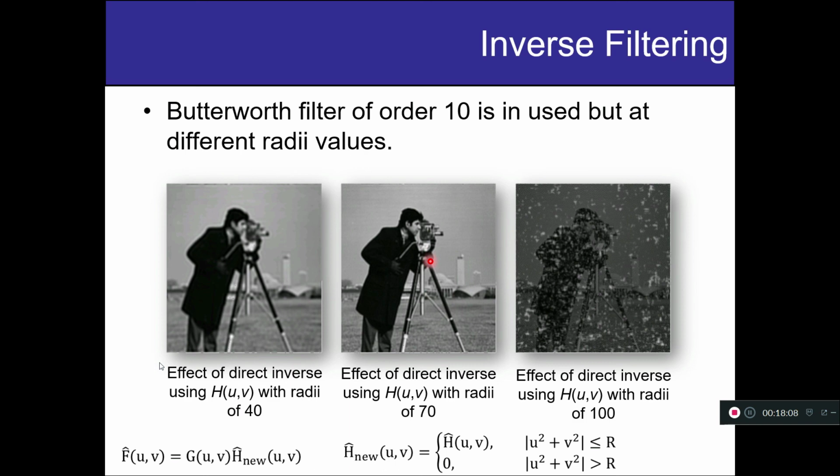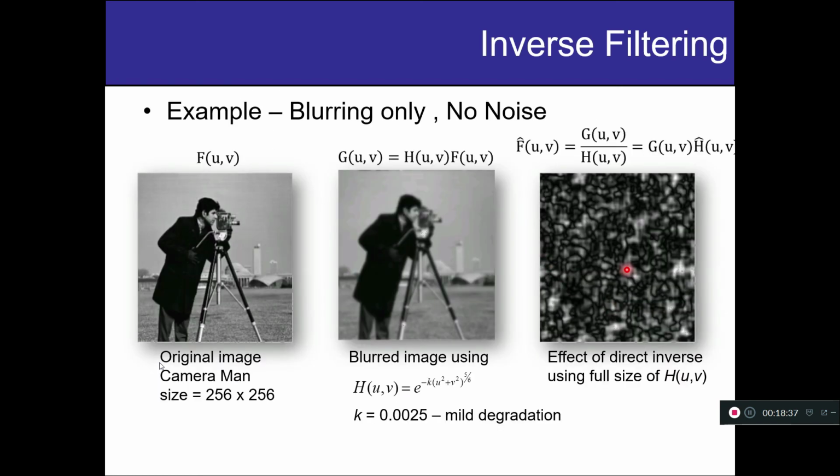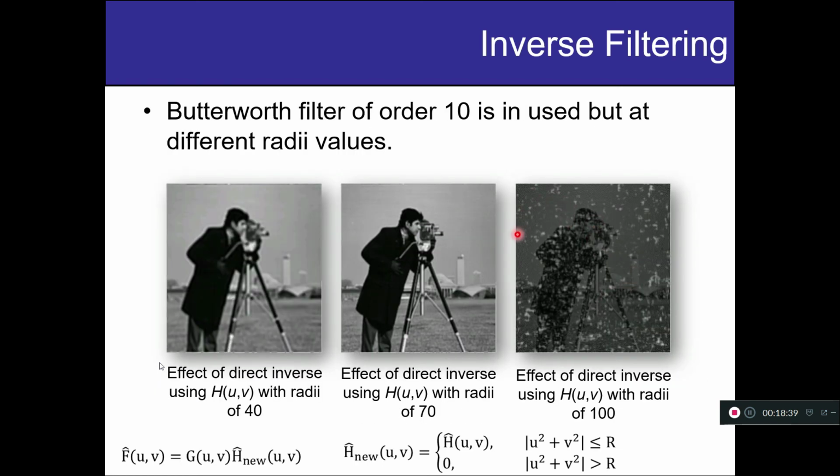But of course you cannot go further. If you increase the cutoff frequency to 100, then you see there's noise. Why does this happen? At 100, the radius might already touch the peak at the corner. The 100 there might already cover the high value at the corner, so you will see the noise appear.